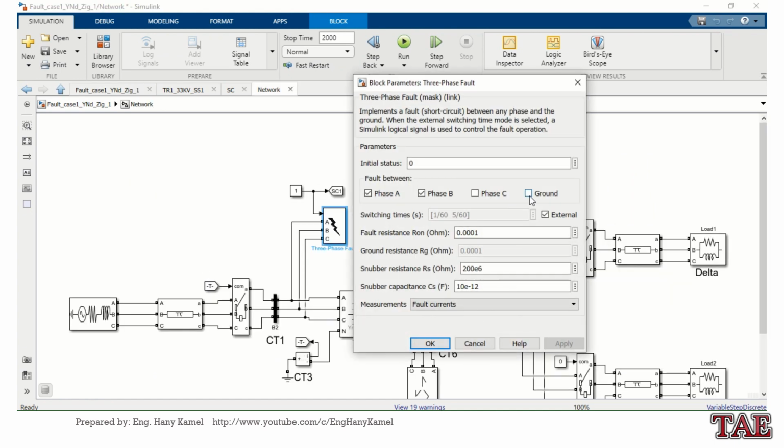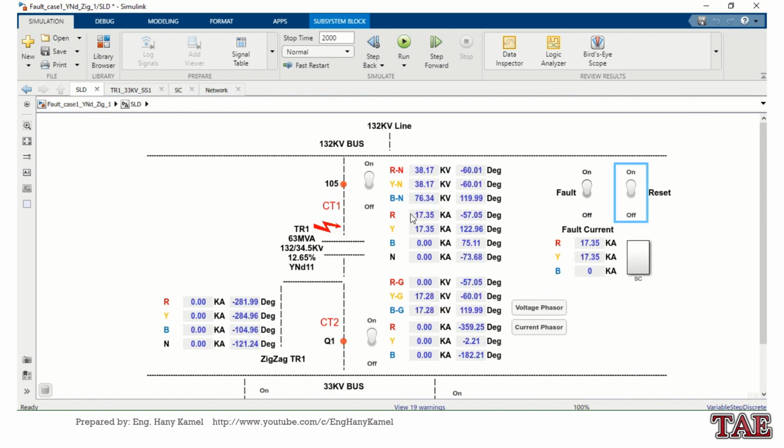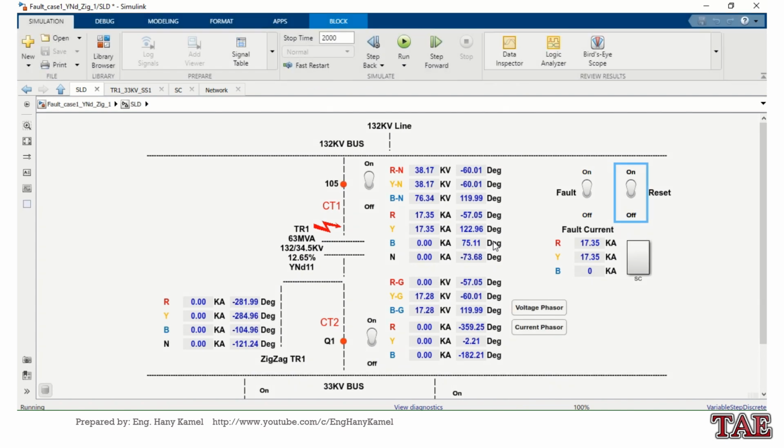Next fault, phase to ground fault, and run. We can see phase to ground short circuit current.